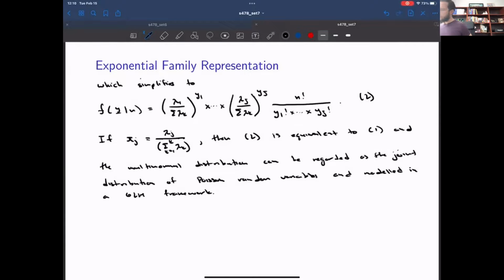Okay, so first thing, the multinomial distribution is not directly in the exponential family. We can model it through joint Poisson, and therefore we can say that it can be used in a GLM framework.